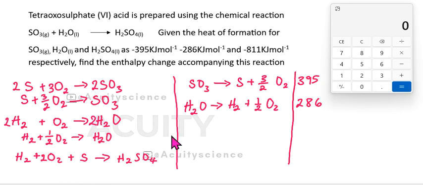So we just take this way. I will present it here as H2 plus 2O2 plus sulfur to give H2SO4. So this will be unchanged: minus 811.